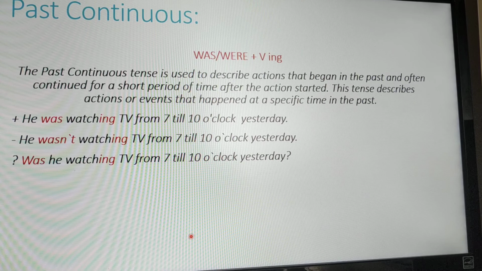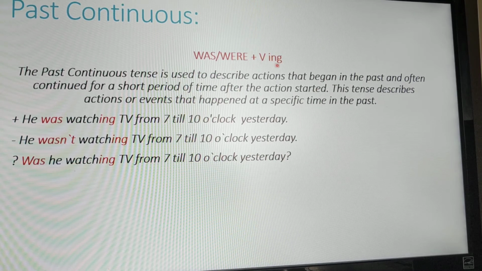The next tense is past continuous. The formation of past continuous is was, were, was for singular, I, he, she, it, were for plural, you, we, they, plus verb with the ending ing.